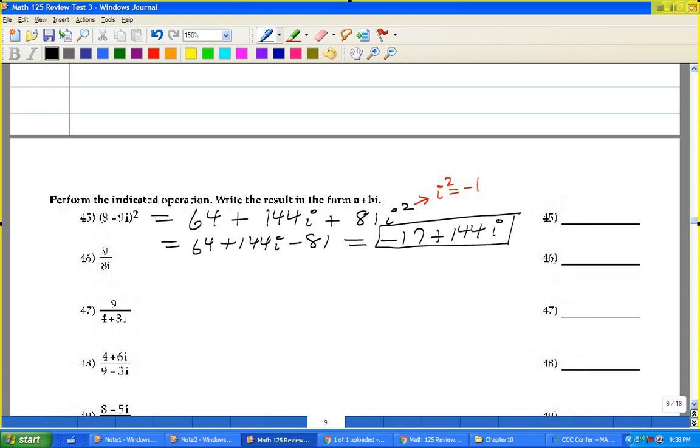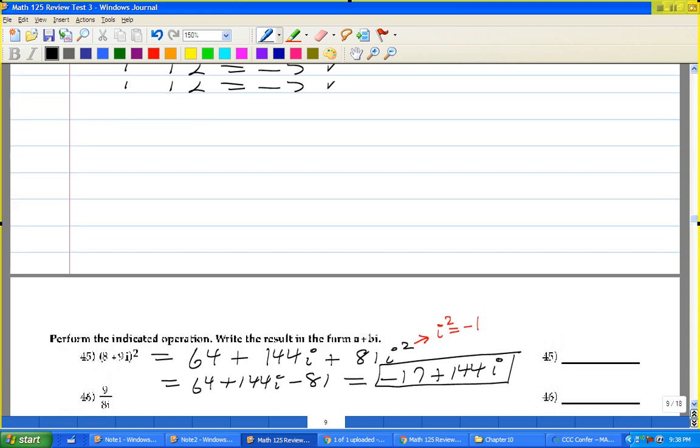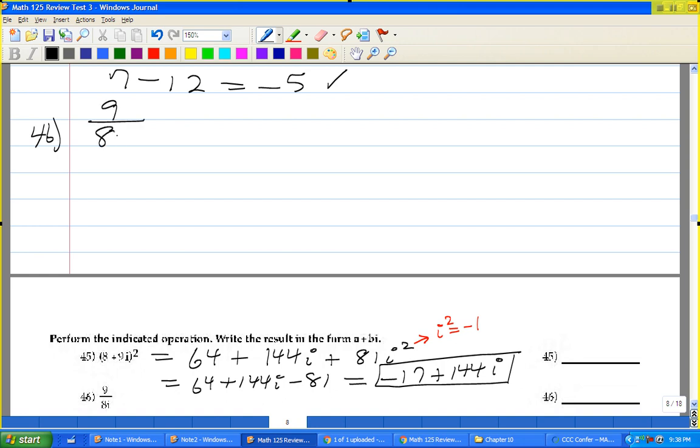Let me do problem number 46. I'll put it right here. I have a 9 over 8i. So let's rationalize the denominator. Let me multiply and divide by a negative i.